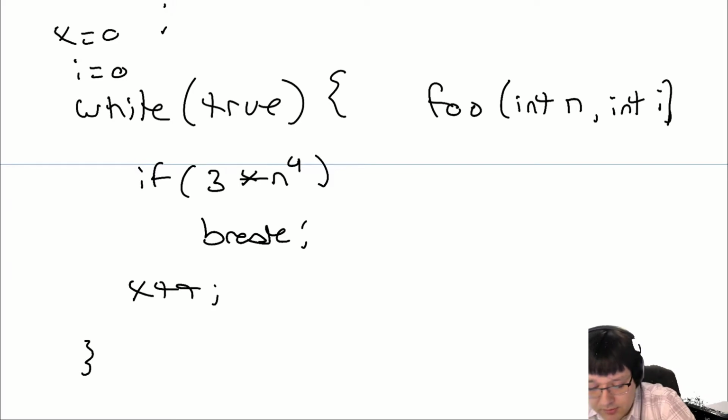We'll just say that it just couts it. Actually, no, let's just do x so it matches. Why not? I could actually have returned that as the return value. I could just return x, but whatever.